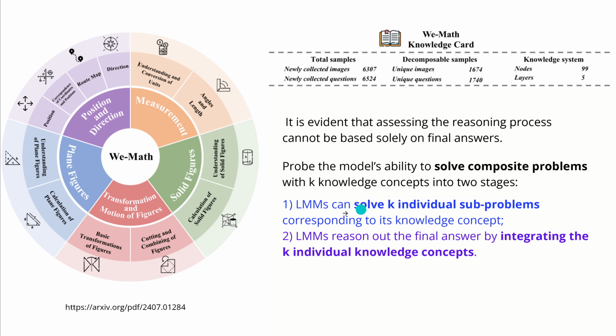And then we see, can an LLM reason out a final answer by integrating now, let's say, 3 individual knowledge concepts together, and the original thing is more than just the sum of its parts.